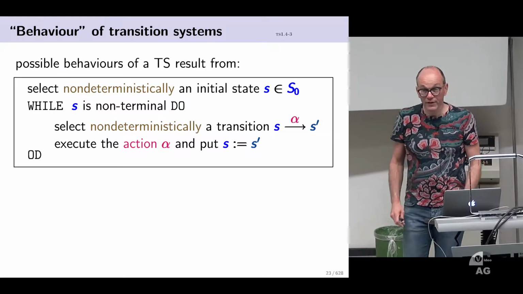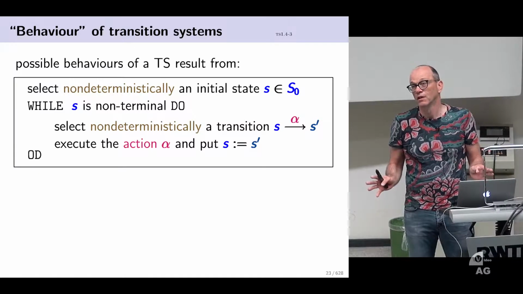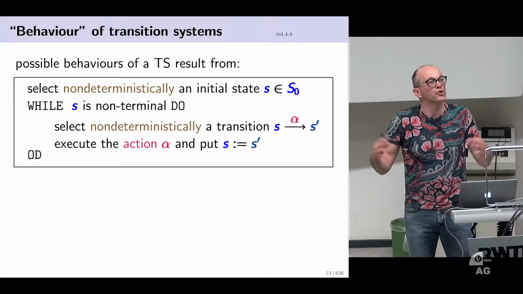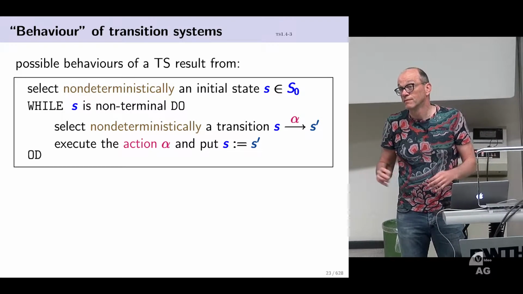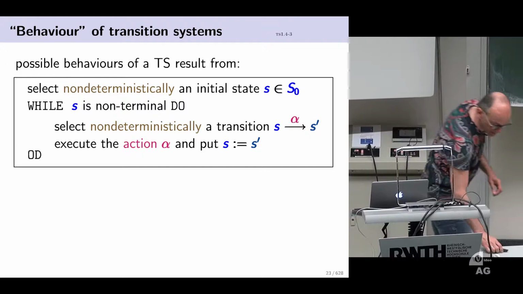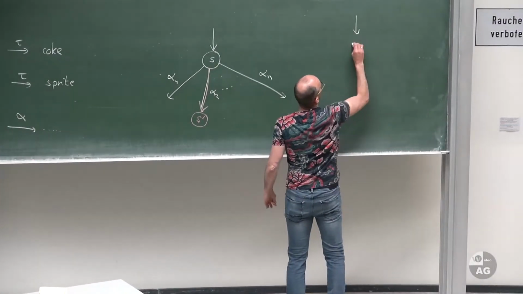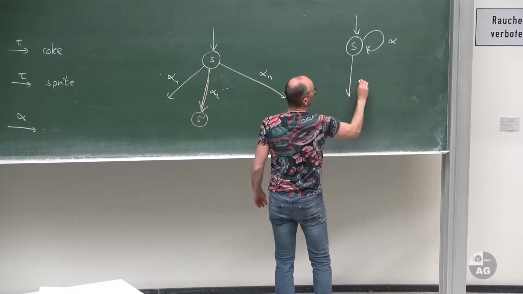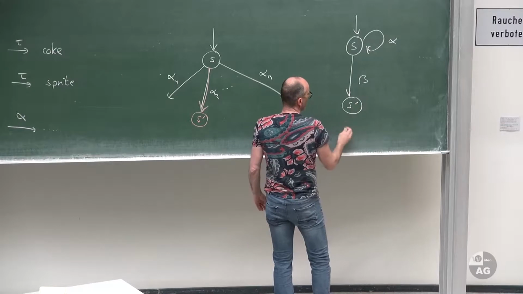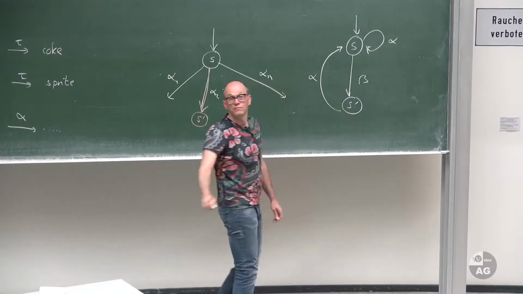So one thing that you should have in mind: even if the transition system is finite, this algorithm, well, this pseudocode, will not necessarily terminate. In case I can go from S, I have a transition, let's say with alpha I can move here, with beta I can move there, and from S prime we can go back, maybe again with alpha.